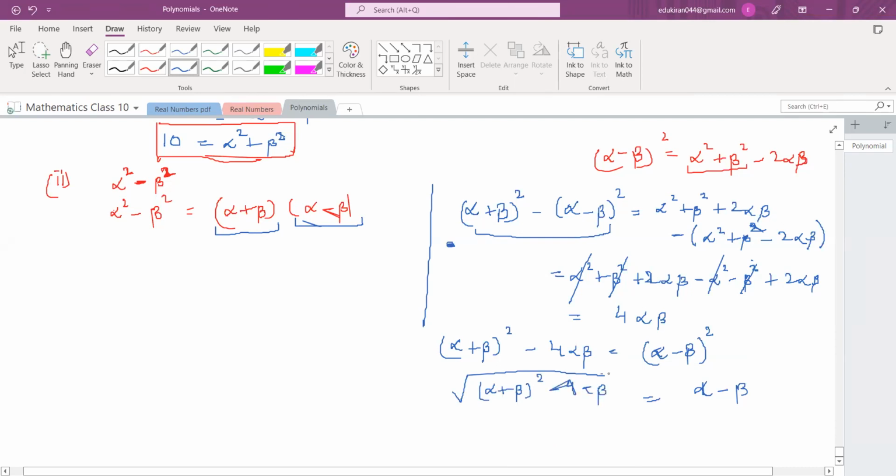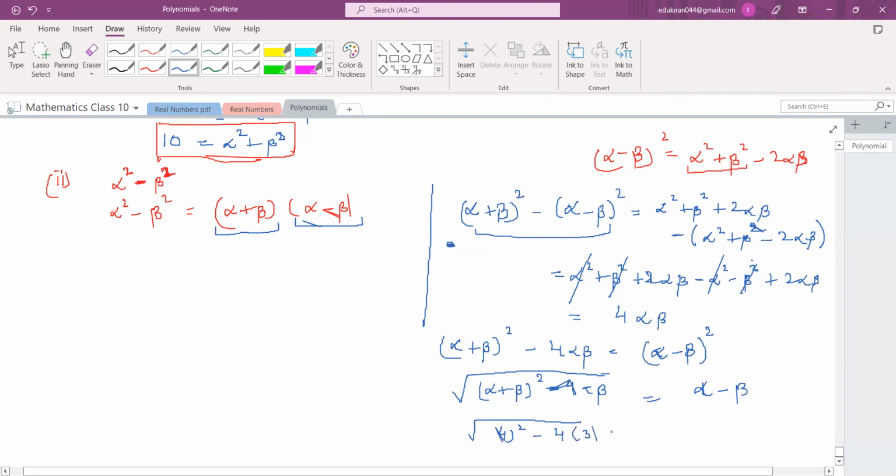All these values you already know. You know what is alpha plus beta, you know what is alpha beta. So just put the values. Square root of, what is alpha plus beta? 4, ma'am. Okay, so this is 4 square minus 4 into how much? 3, ma'am.